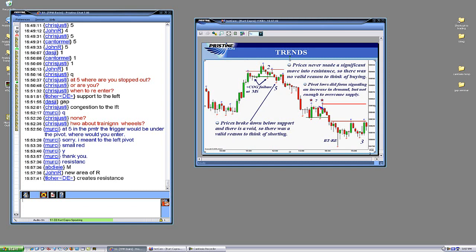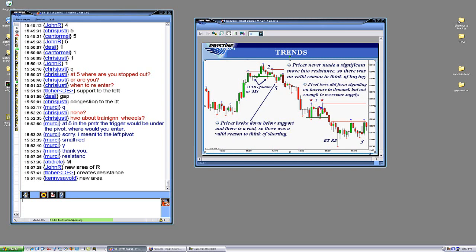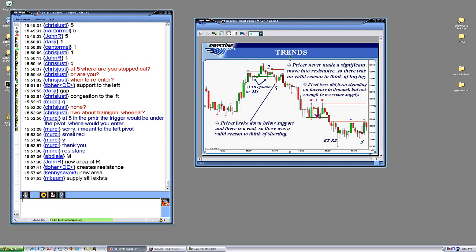It creates a new area of resistance. Because these bullish bars, they told us that this was trying to stabilize and move higher. But it was never able to overcome this double top. And so it then dropped lower yet again.